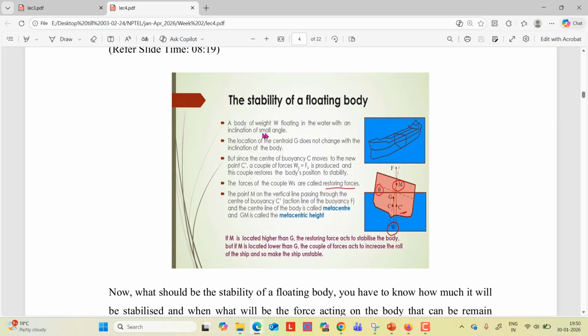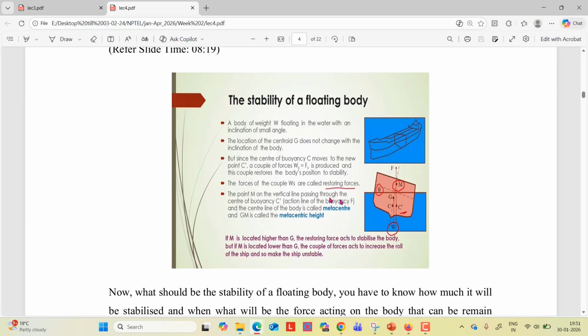So a body of weight W is floating in the water with an inclination of small angle theta, suppose. The location of the centroid G, you can see the centroid, right, does not change with the inclination of the body, which is true, right? If a block is there and its centroid is in the middle, if I rotate it a little bit, the centroid will not change.